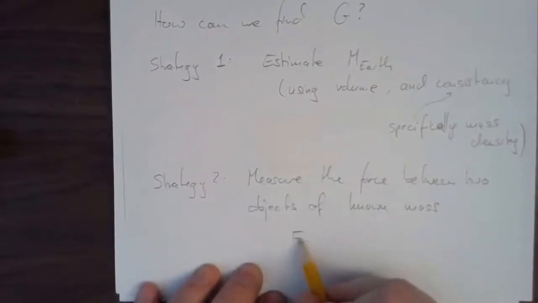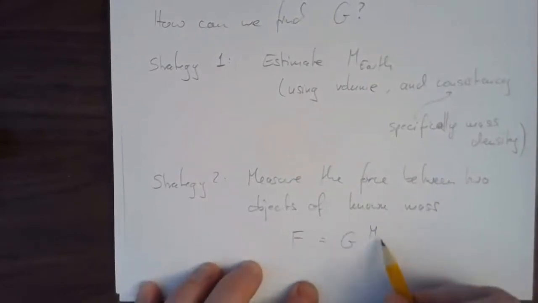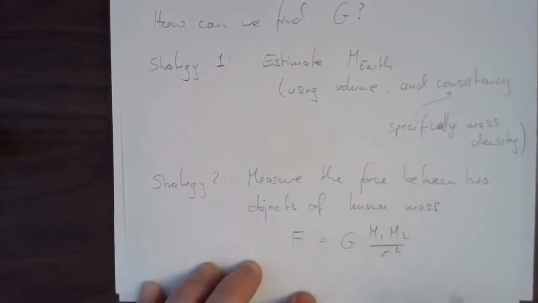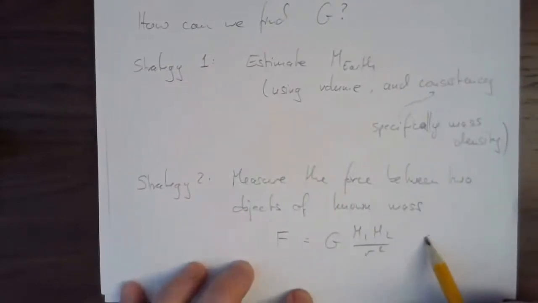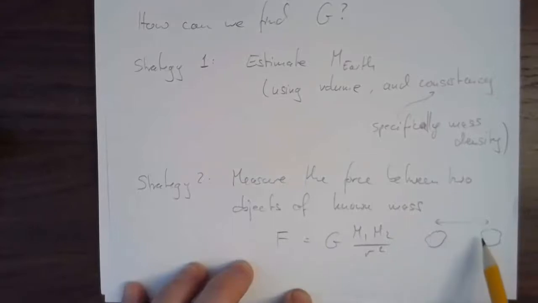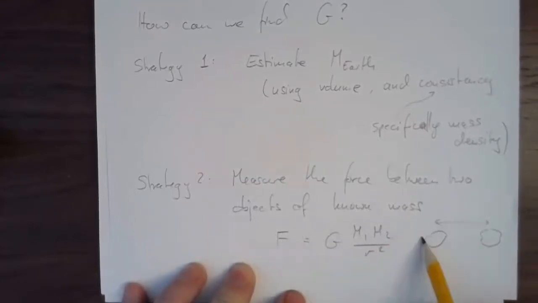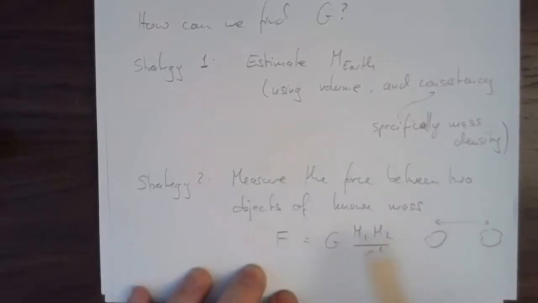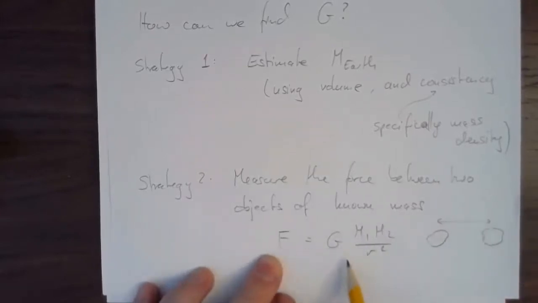If the force is G m1 m2 over r squared, let's just say I'm going to put a rock here, I'm going to put a rock here, I'm going to measure the distance between them, I can measure the mass of each one, and I can measure the force, maybe I hooked up some springs or something, and I can calculate G. Just measure all those other quantities.